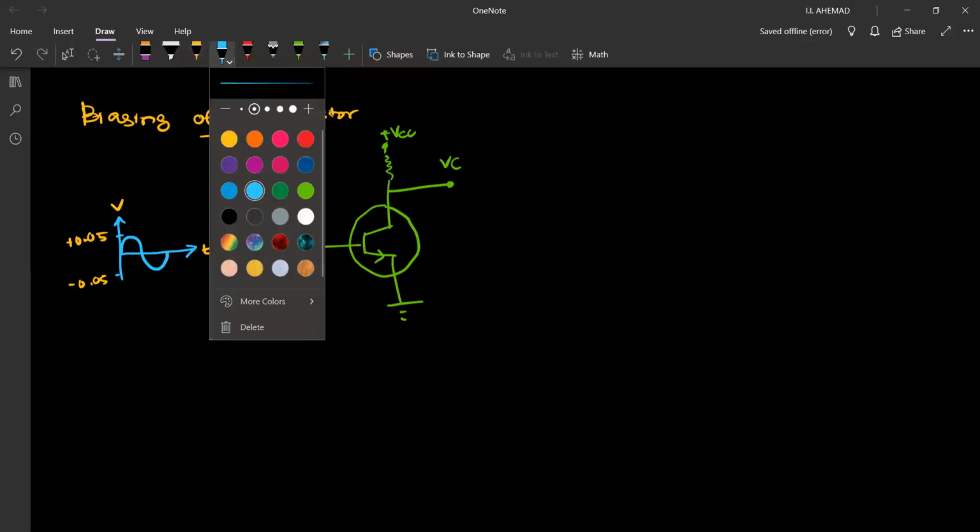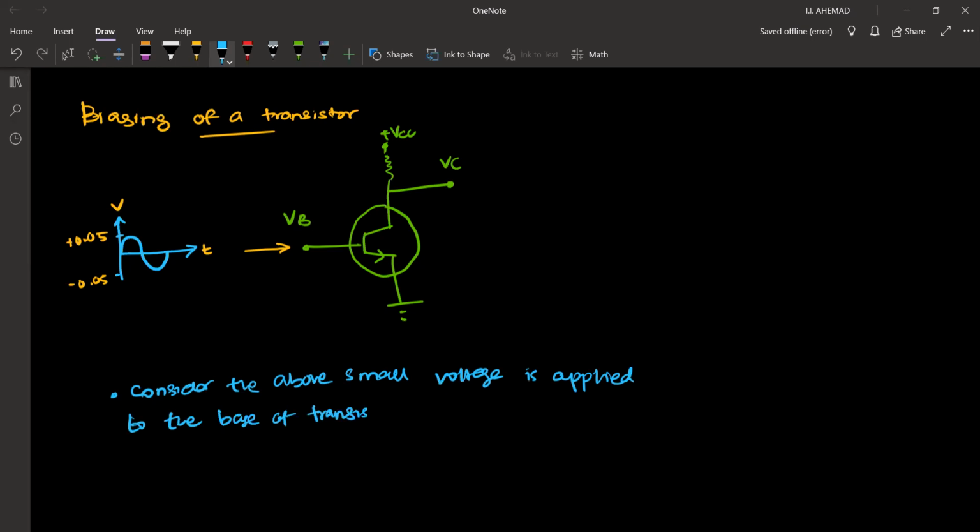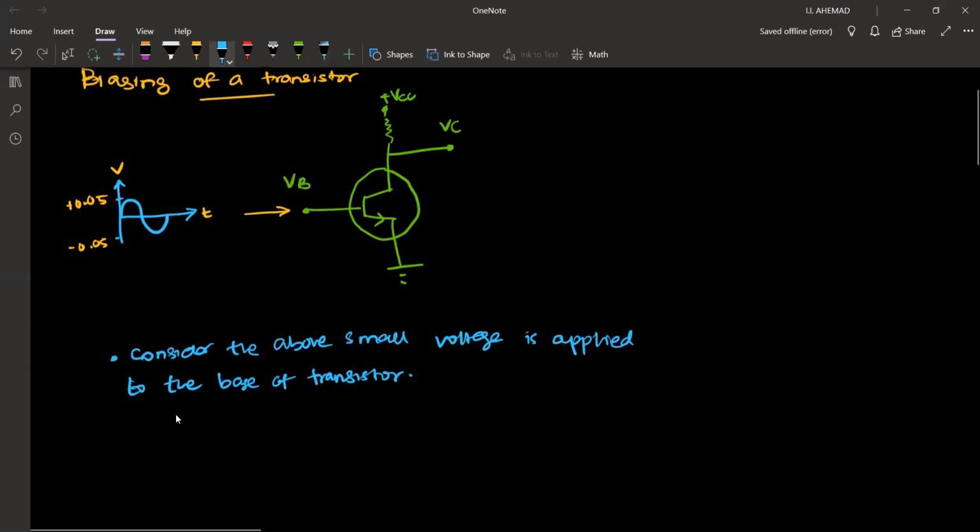So let's consider that the above small voltage is applied to the base of the transistor. For this small voltage, we know that the IB current is going to be 0.